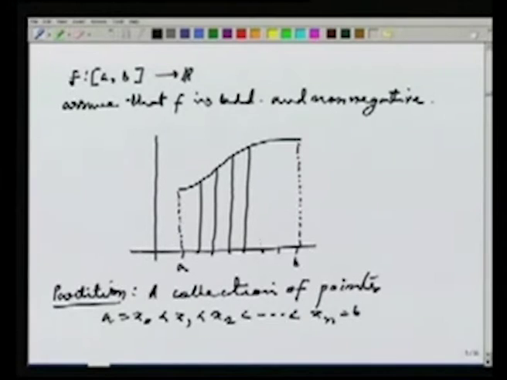They look like rectangles, but you can see that one side of the rectangle is not really a straight line, it is a curved line because it is on the function side. Okay. Now I start from this line and draw this, then I draw this, then I draw this, and I go on doing this.